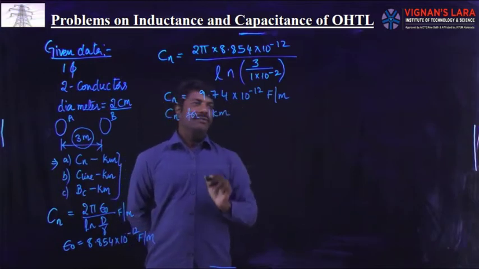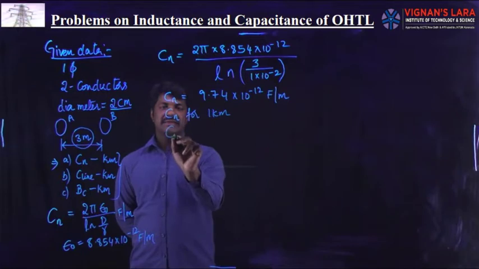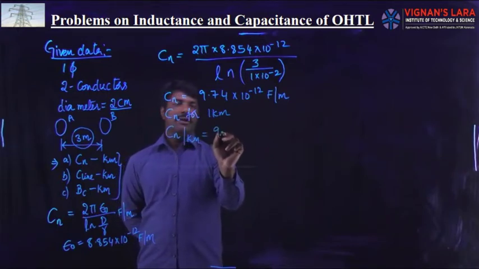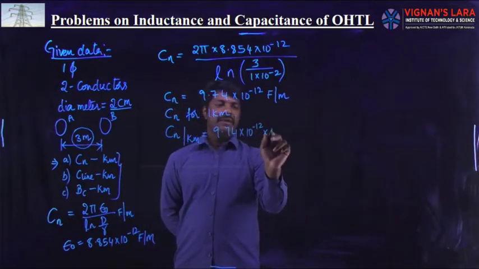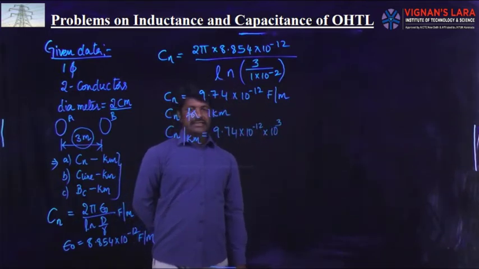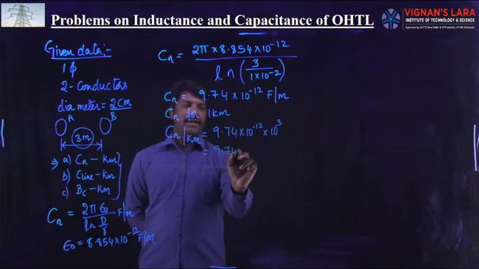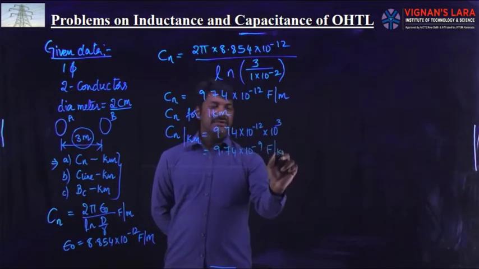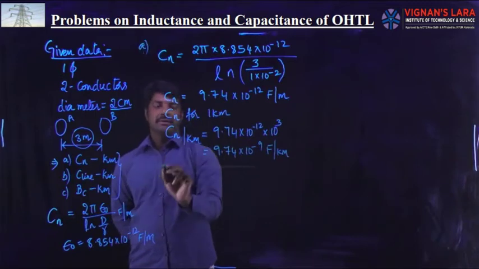Therefore, multiplying by 1000, since 1 kilometer is equal to 1000 meters, we get Cn per kilometer equal to 9.74 into 10 power minus 12 multiplied by 1000, which is 9.74 into 10 power minus 9 farads for 1 kilometer length of the transmission line. This is our first part, the A part.